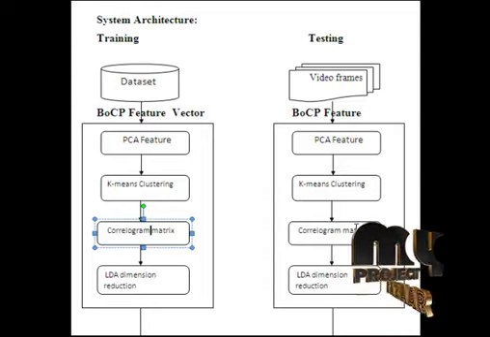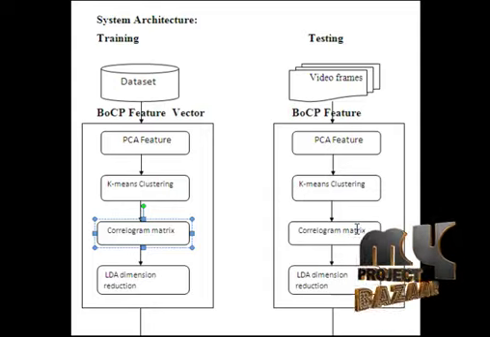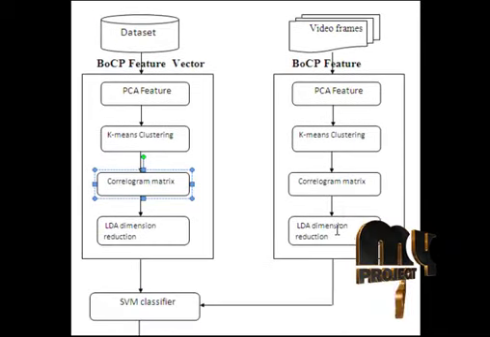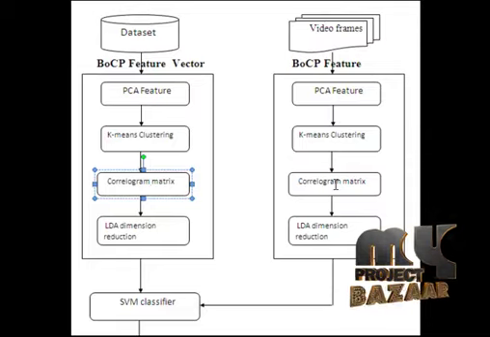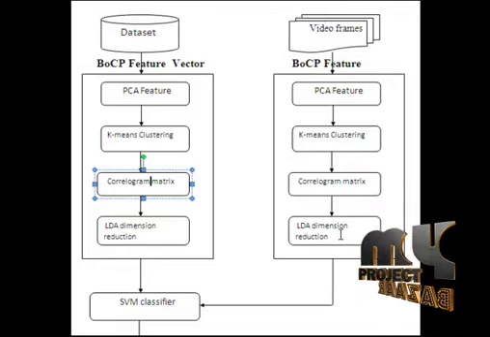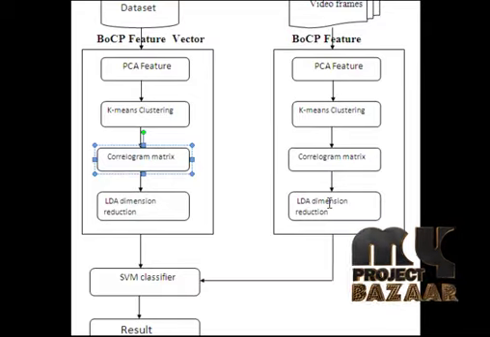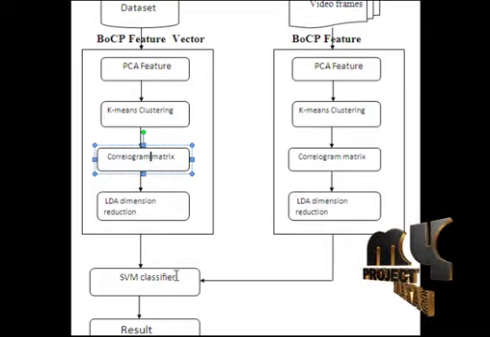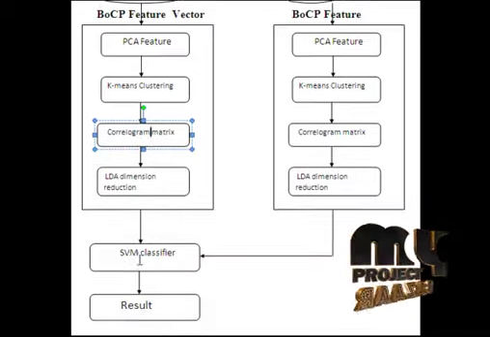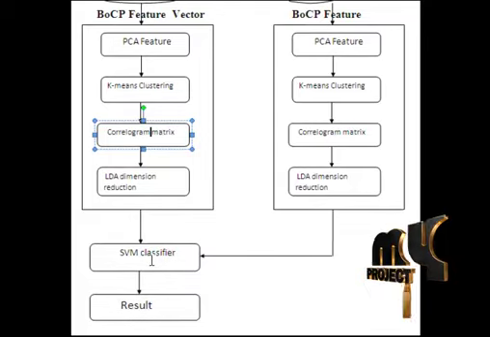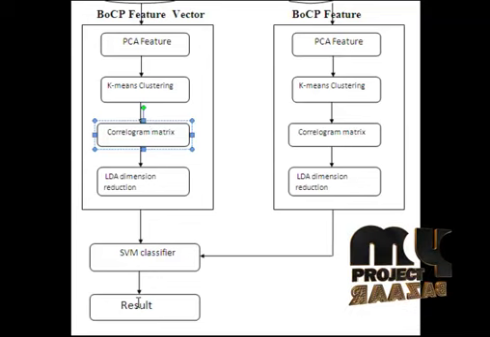Here we are finding the correlogram matrix, and then we have to apply the LDA dimension reduction. The correlogram matrix dimension will be reduced. After extracting the feature, it will go to the SVM classifier. The SVM classifier will predict the result of the feature. Finally, here we are getting the result.